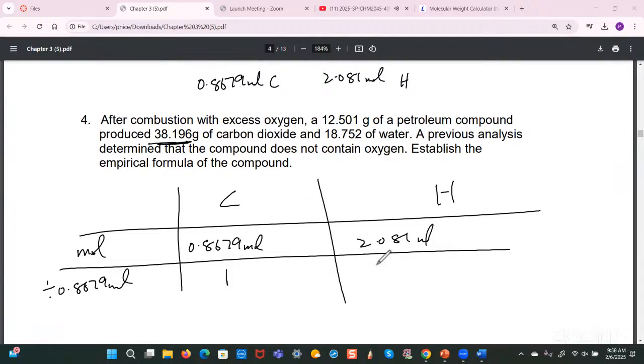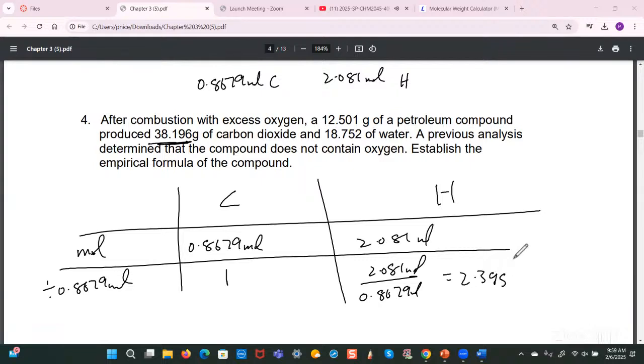This would give 1, and this would be 2.081 moles divided by 0.8679 moles. So let me see what that gives. 2.081 divided by 0.8679.